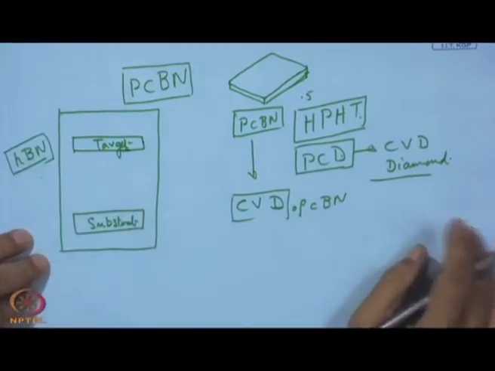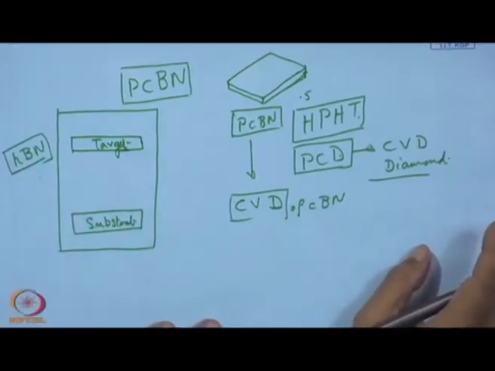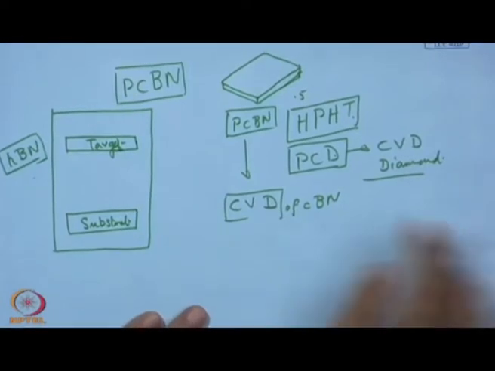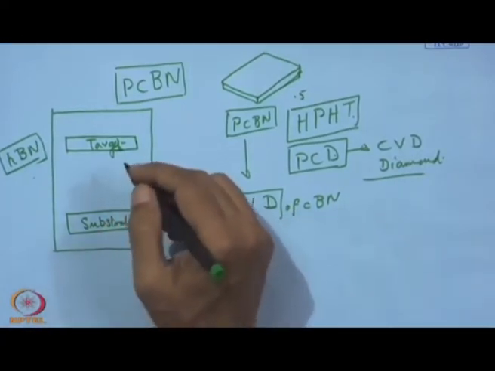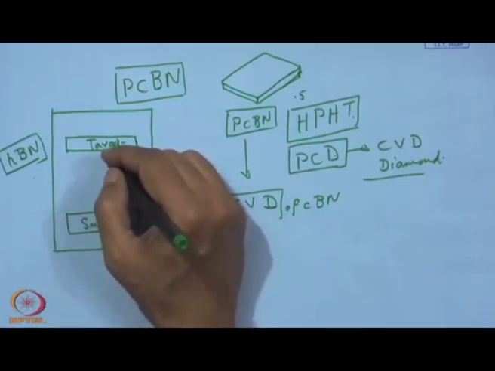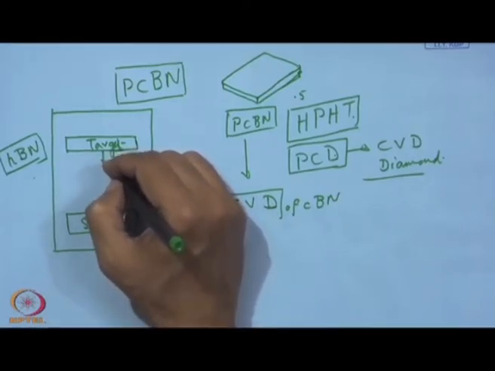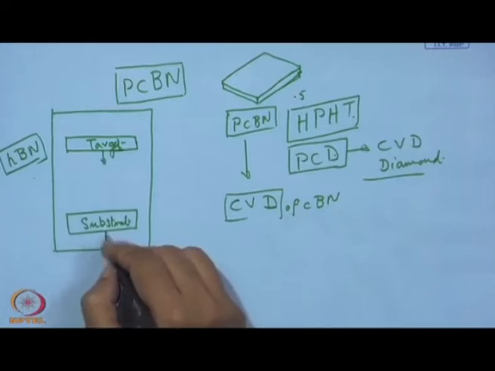With HBN it is possible to have this target, and HBN will be sputtered.